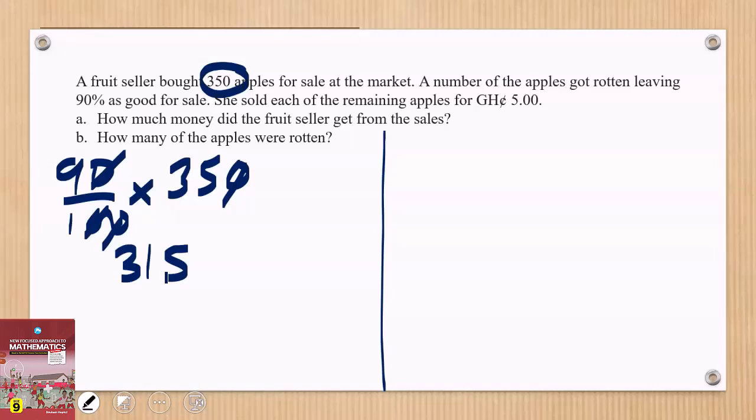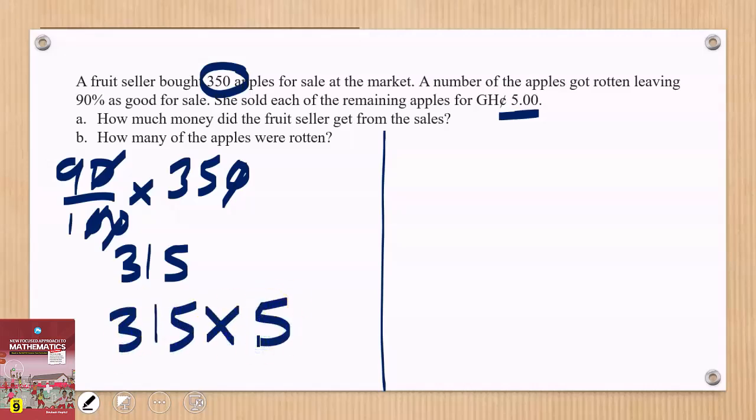Now she sold each of these remaining apples for 5 cedis. So the total number of apples, 315, times the price of each apple, 5 cedis. Now let's do a simple calculation here: 315 times 5. Again, we can do our simple tricks. We can subtract 1 from 315 and we'll be left with 314.